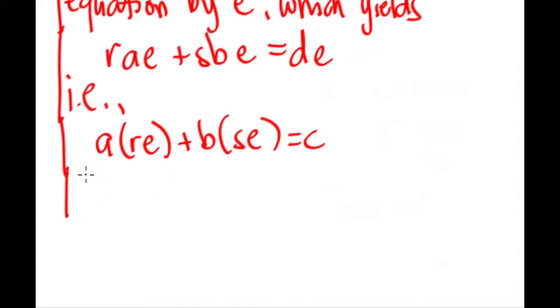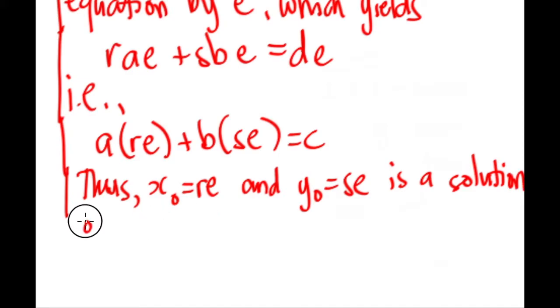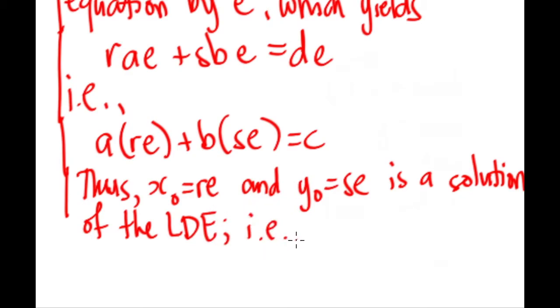Thus we can say now that X sub 0 is equal to RE and Y sub 0 is equal to SE is a solution of the LDE. So that is to say, it is solvable. Since there's a solution, it's solvable.